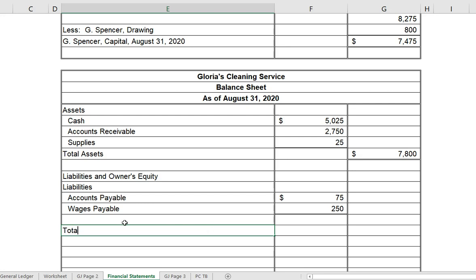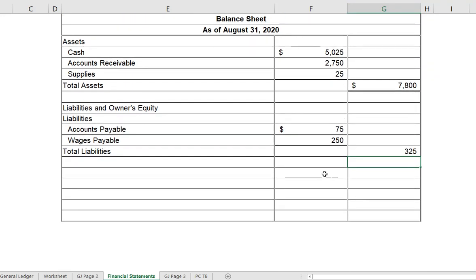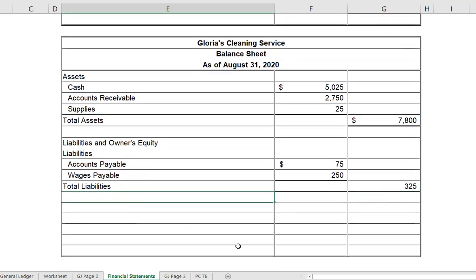Sorry, I gotta move that up one. And our total liabilities are $325. All right, so we're going to then skip a line, and we're going to do owner's equity.